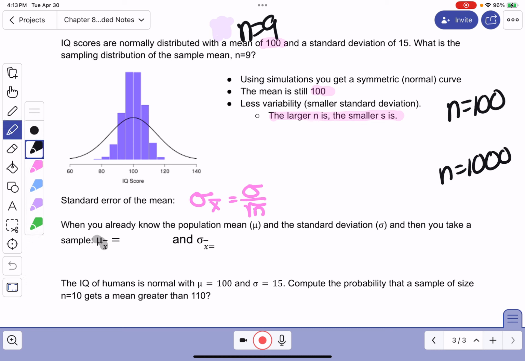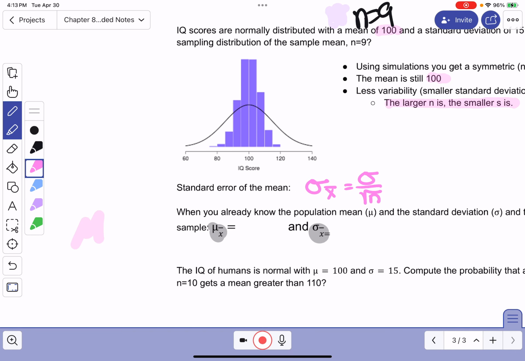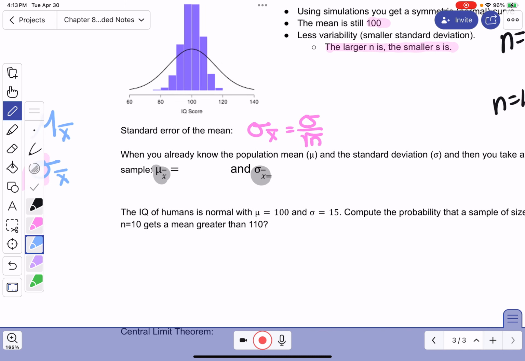These symbols here with the sub x bar, written out, would look like mean sub x bar, standard deviation sub x bar. That's saying, hey, we know we did a sampling distribution of the mean. We just proved the mean stays the same. And then because of the way the standard deviation changes, that's where we use the standard error of the mean.